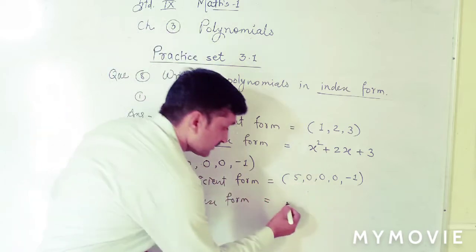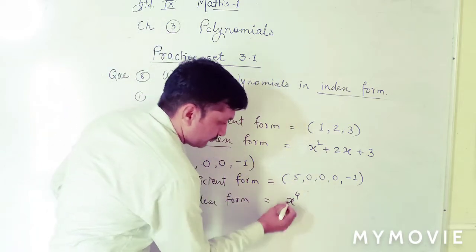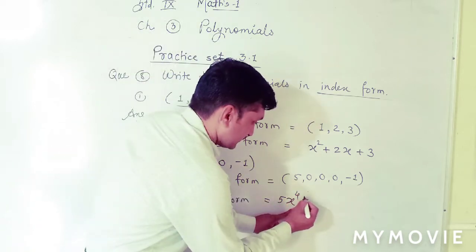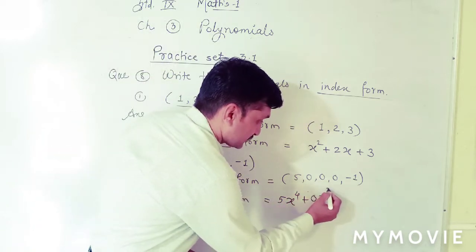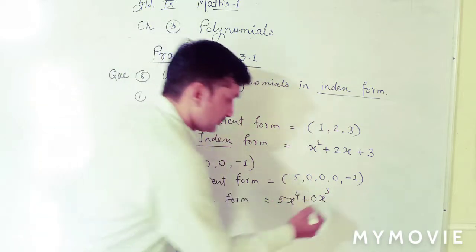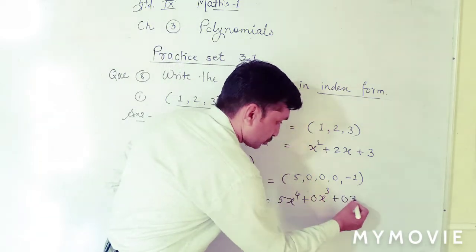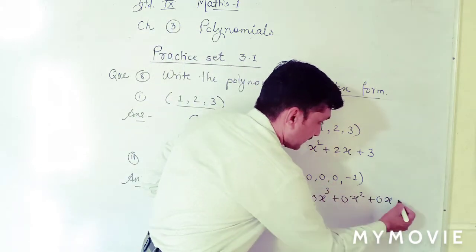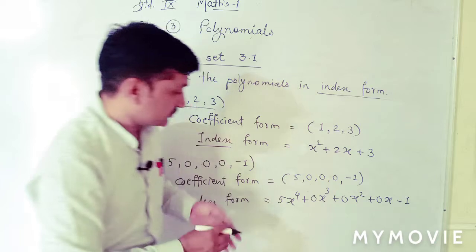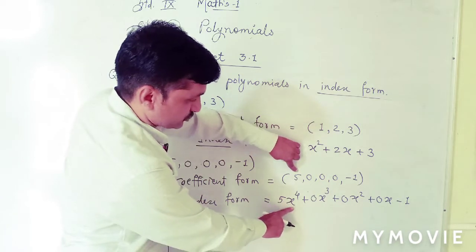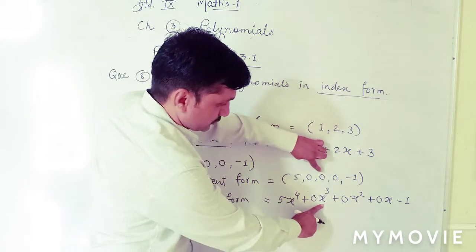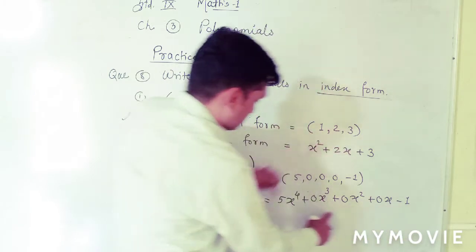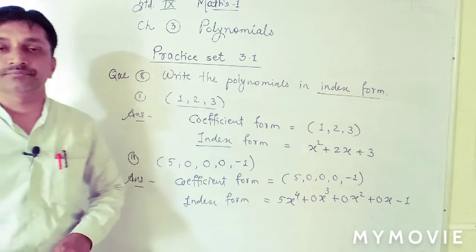Power 4 means x raised to 4. And coefficient 5. 5x raised to 4 plus 0x cube plus 0x square plus 0x and at last minus 1. See here, 5x raised to 4 plus 0x cube plus 0x square plus 0x plus minus 1, and this is index form.